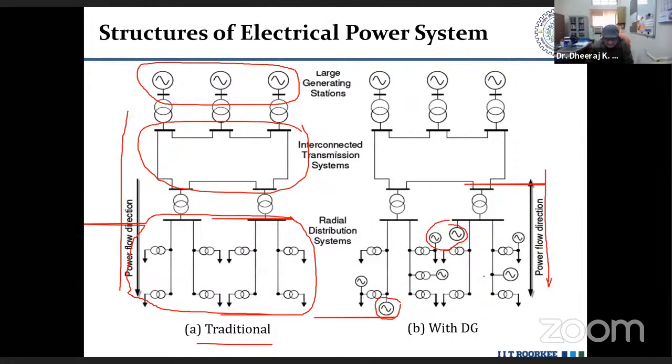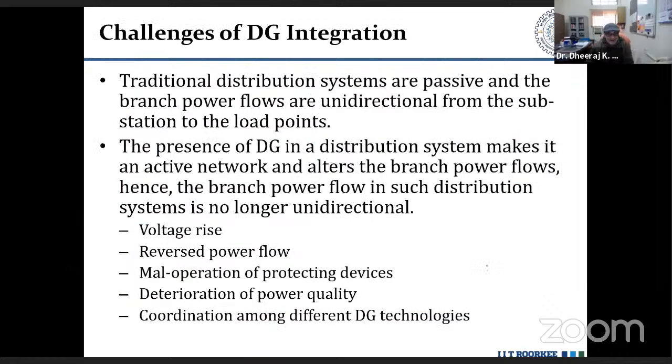At some times, when we have surplus generation from DGs, it can inject power into the transmission network. So earlier this traditional distribution system was totally passive, but because of the integration of DG, it has become active. This has created several challenges.